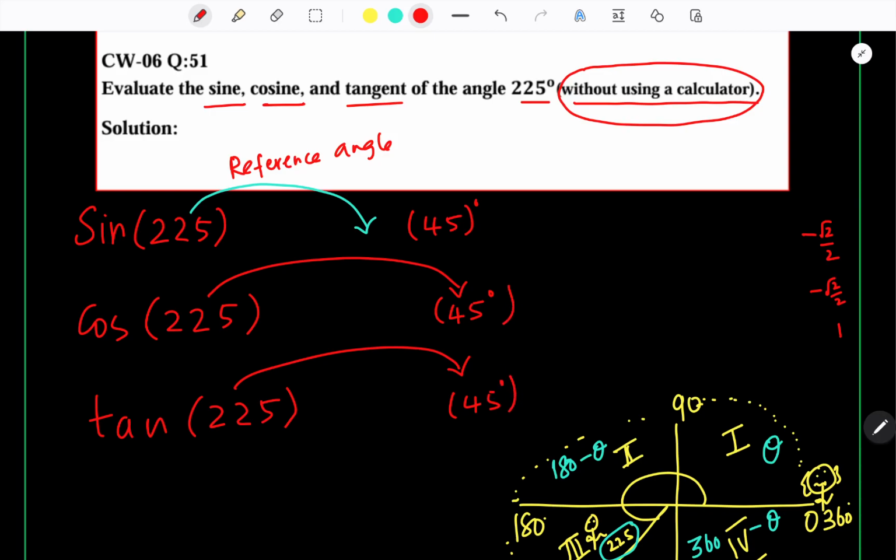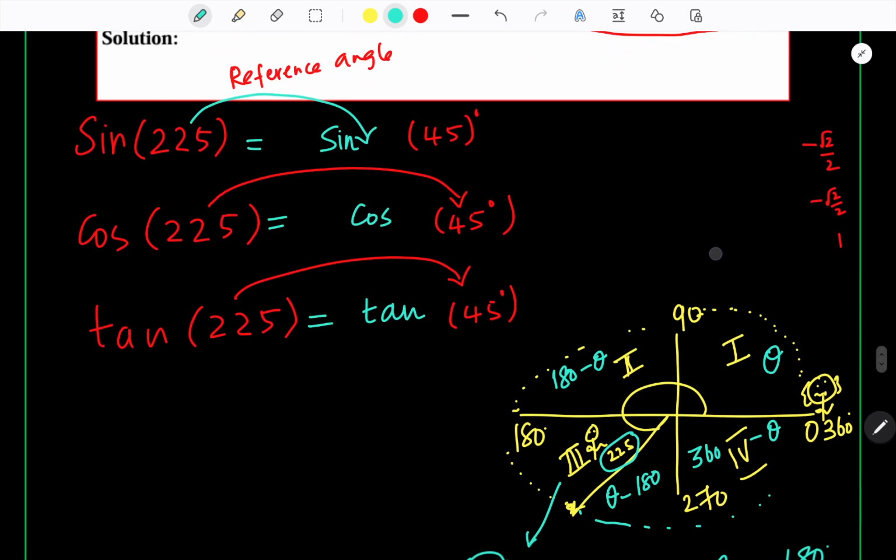Okay, right. So now we are going to write this is equal, this is equal, this is equal. Now you are going to find out sine 45 and cosine 45, right? And you are going to find tan 45. Okay, clear everybody? Right.